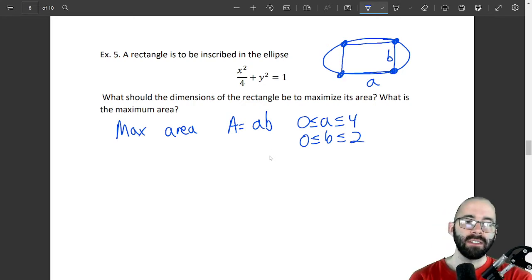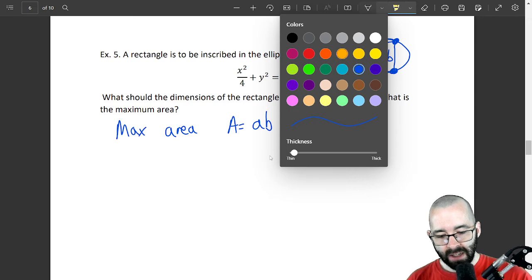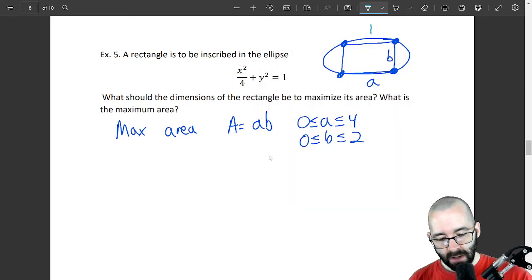The points where this rectangle intersects with the ellipse. And all of these points are, of course, going to lie on the equation. And again, we do have a coordinate plane here.